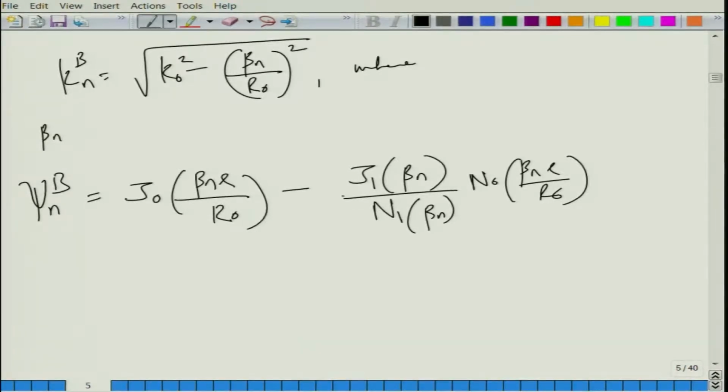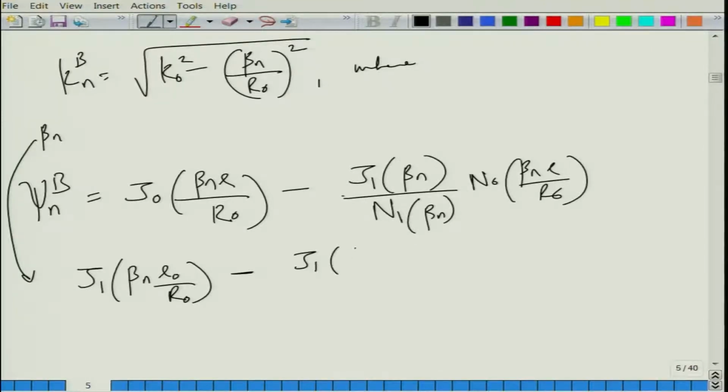And what about the other things? You have this. So, beta is obtained by solving this set of equations, and in my previous papers I have listed down typical values. This is beta n R naught, and this is R naught here, and here we have J1 beta n by n1 and beta n into n1.